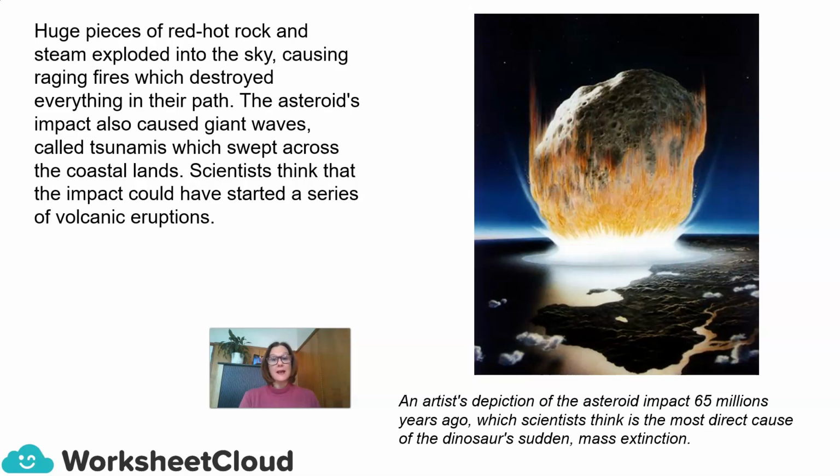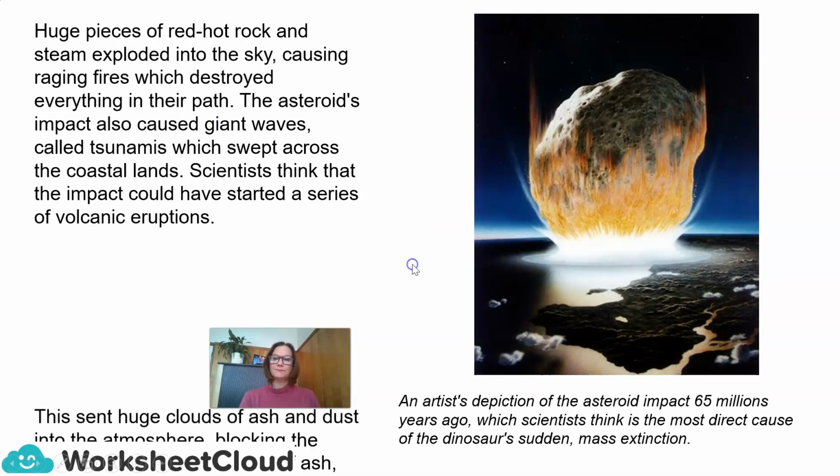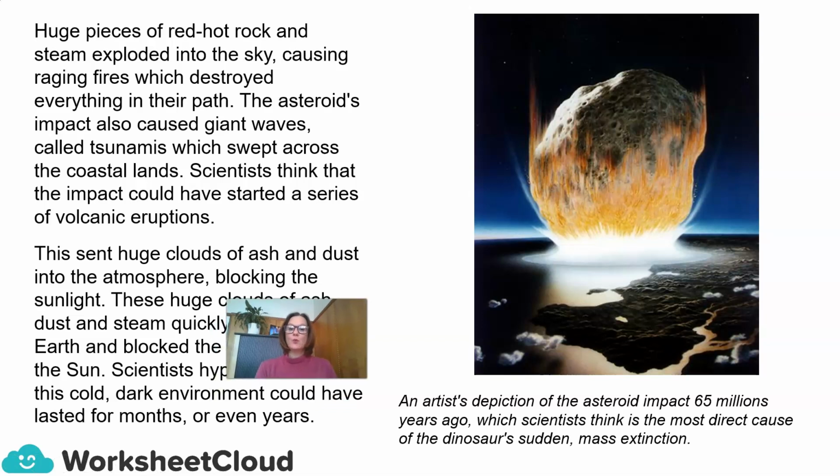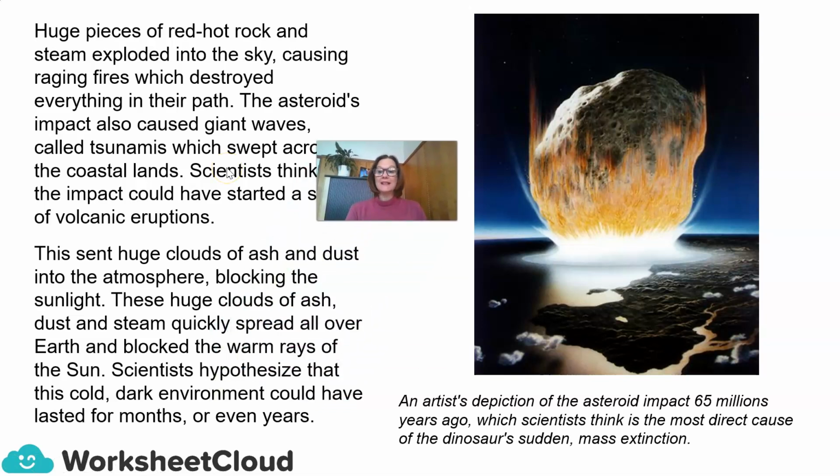Scientists think that the impact could have started a series of volcanic eruptions. And here we have an artist's impression of the asteroid impact 65 million years ago, which scientists think is the most likely cause of the dinosaurs' sudden extinction. This created a huge cloud of ash and dust in the atmosphere, blocking the sun.